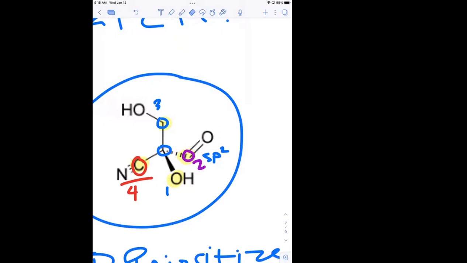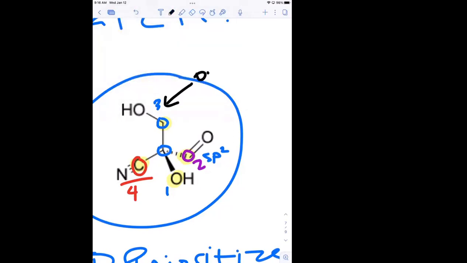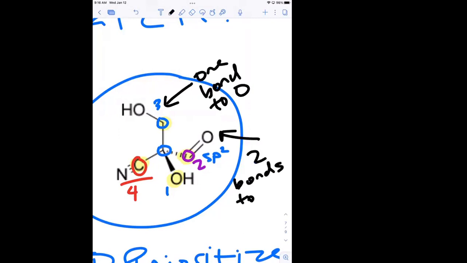So in this case, between what we have labeled as 2 and 3, one of those carbons is bound to oxygen once up top. And then this one has 2 bonds to oxygen. So this is going to be higher in priority.